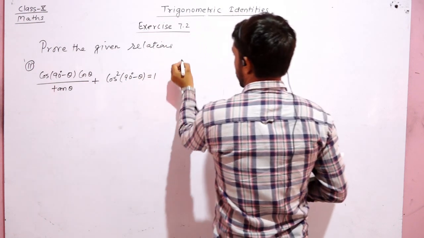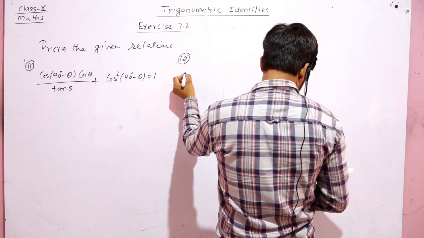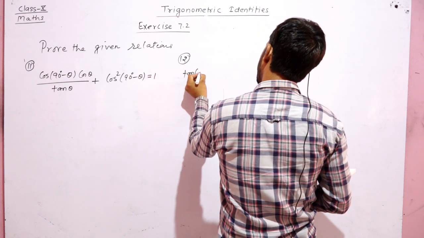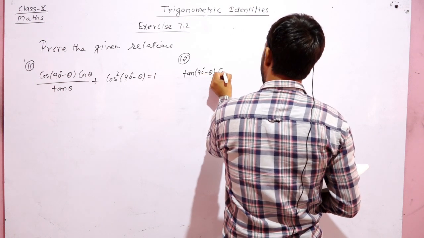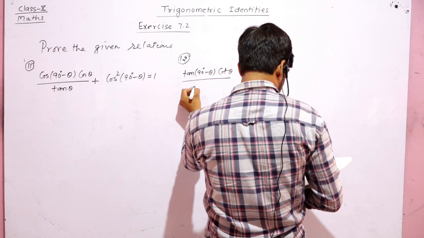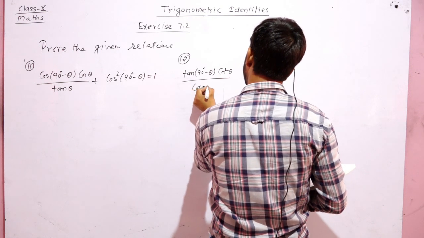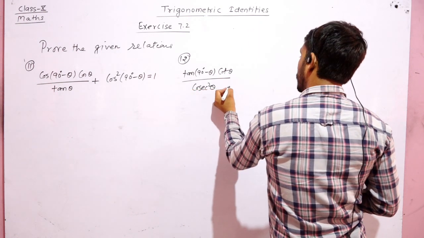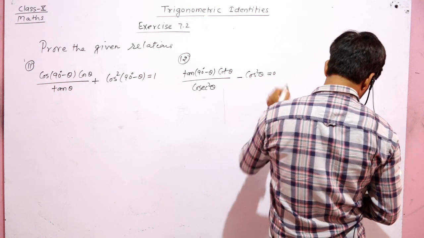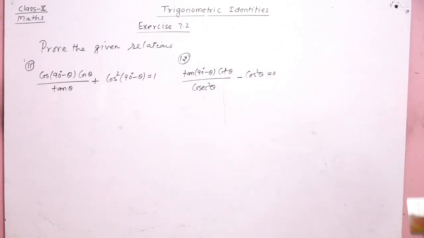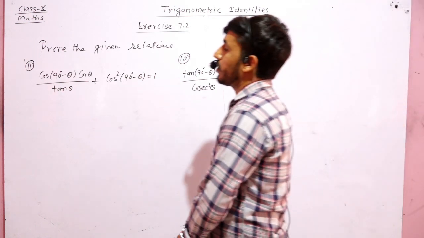And question number 12 is given as tan(90 degree minus theta) multiplied by cot theta, divided by cosec square theta, minus cos square theta, and that should be equal to 0. Both of the given questions we have to solve by using the trigonometric ratios of complementary angles.